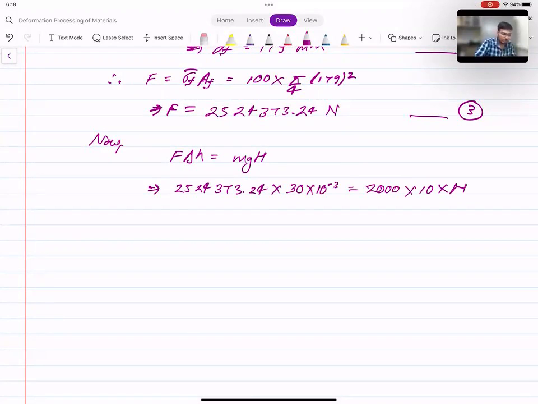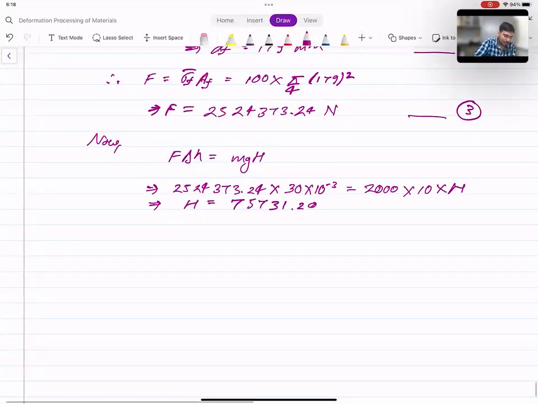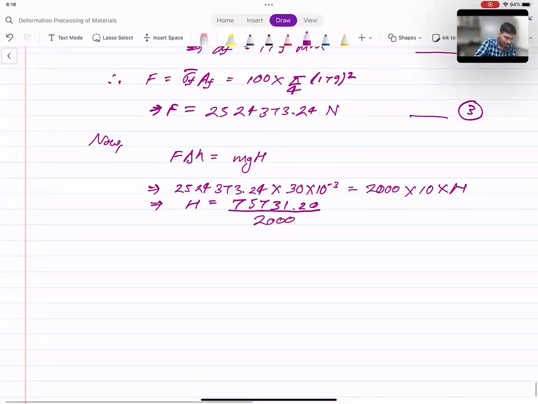So this H becomes nothing but this product, which comes out to be 75731.20, and this will now be divided by 20,000. Solving this, we get the value of H as around 3.79 meters.